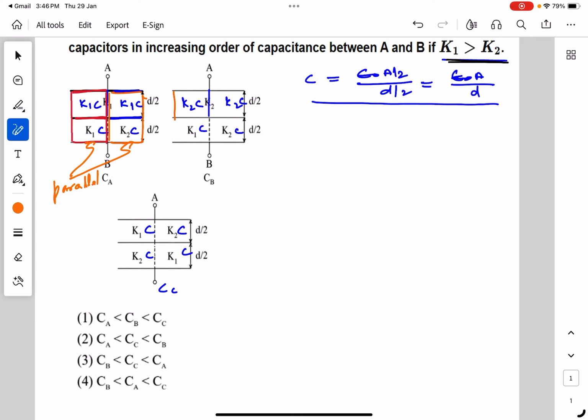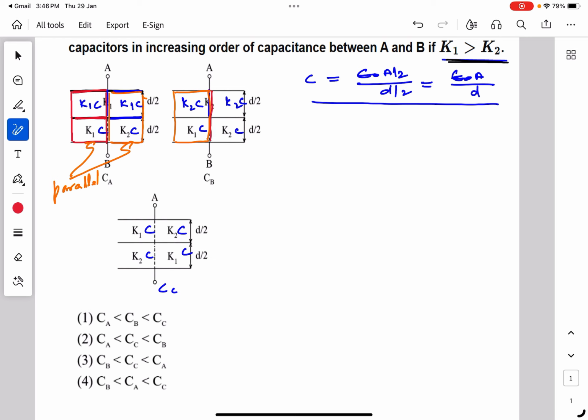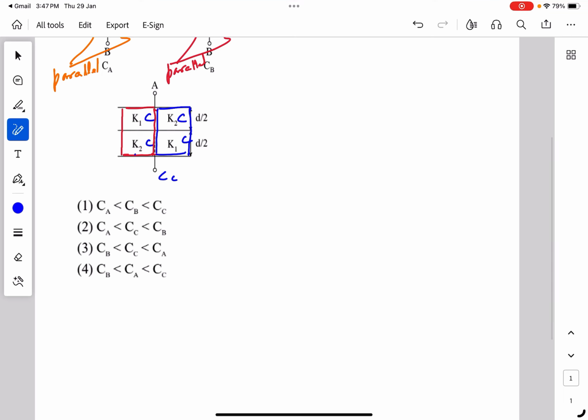Similarly, these two capacitors are connected in series and these two capacitors are also connected in series, and their resultants will be connected in parallel. Similarly, in this case also, these two capacitors are connected in series. These two are also connected in series and their resultants will be connected in parallel.